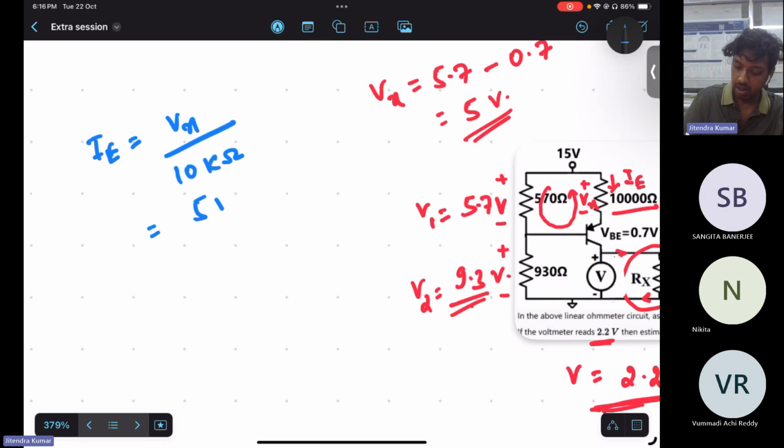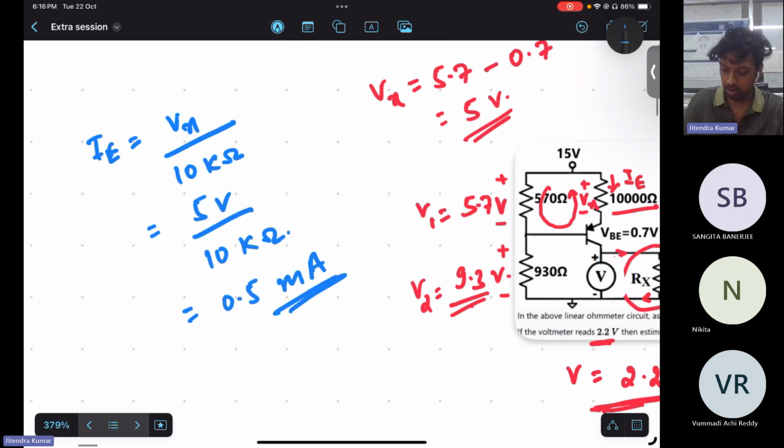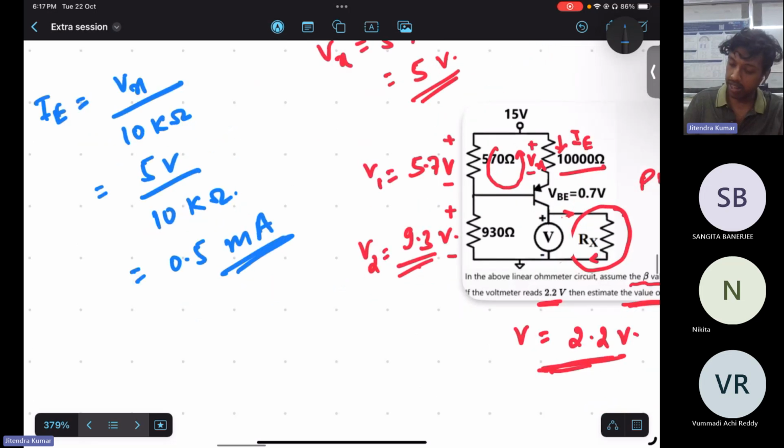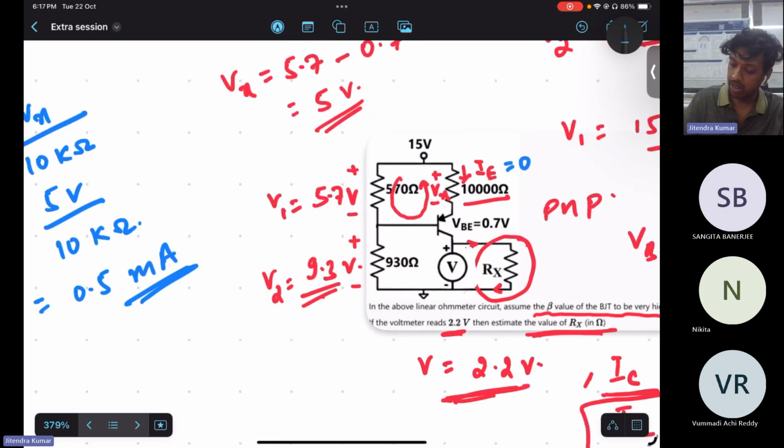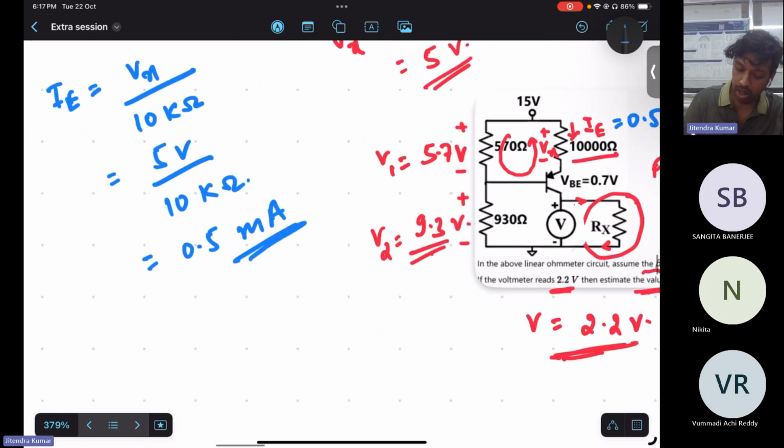Vx is 5 volt divided by 10 kilo ohm, which is 0.5 milliampere. So IE is 0.5 milliampere, and since beta value is very high, that will be equal to IC.